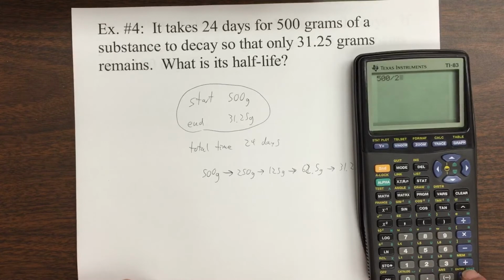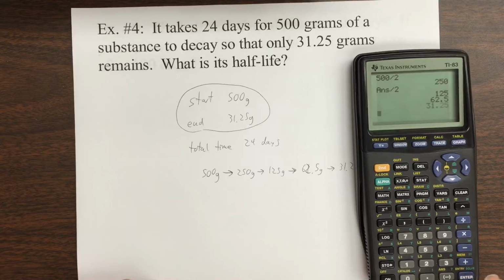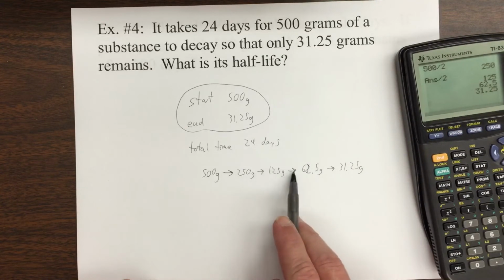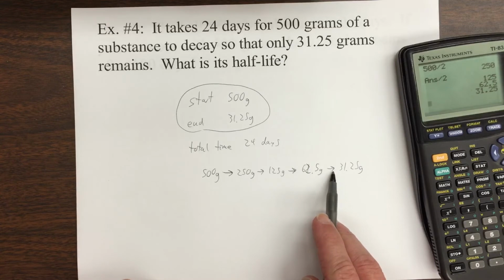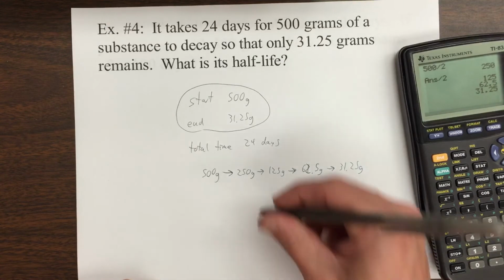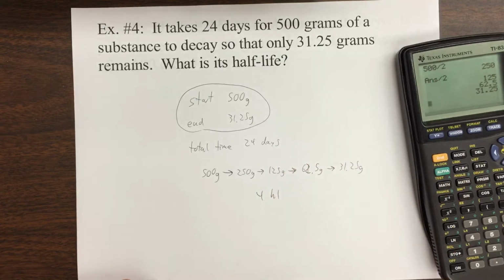If you can't do that math, just do it in your calculator. 500 divided by 2, divided by 2, and you can keep pressing enter as many times as you need until you get to your answer. So in this case, we went through 1, 2, 3, 4 half-lives as represented by our arrows. So that is 4 half-lives.